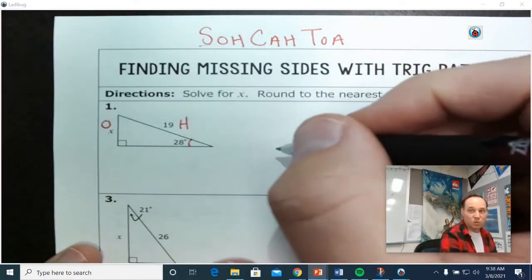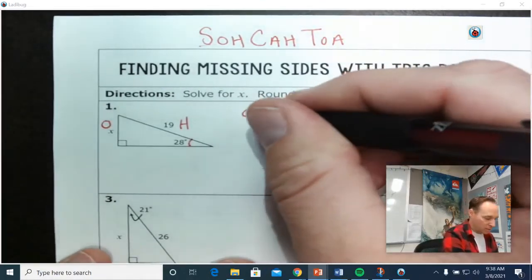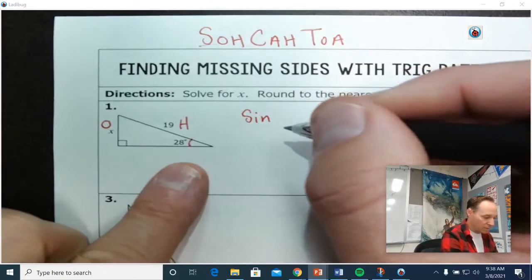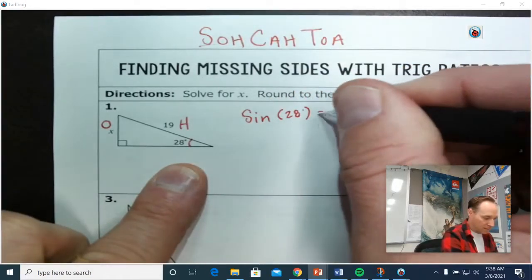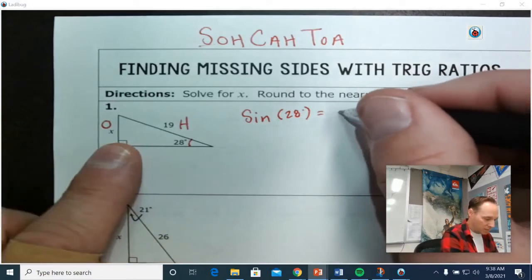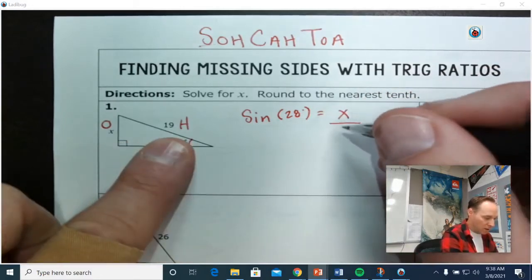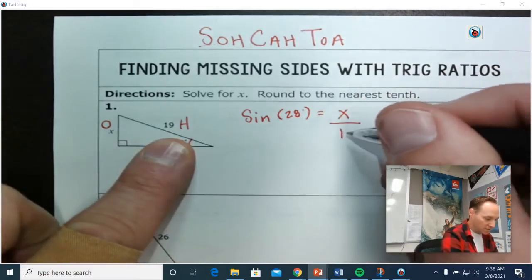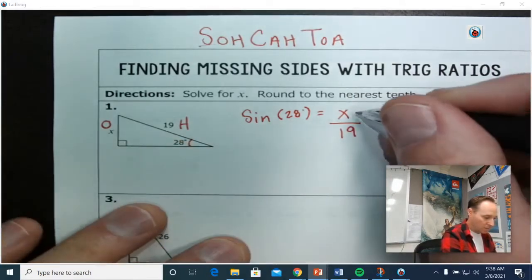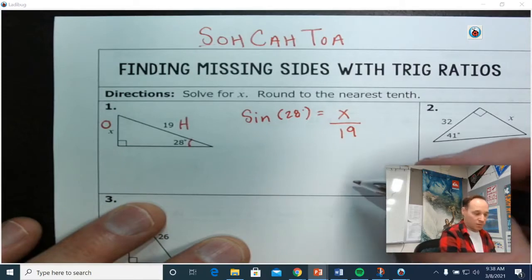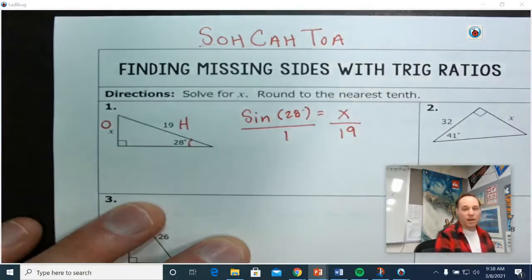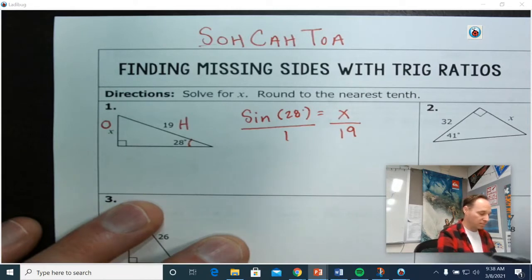So now we're going to write our proportion. We write it as the sine of our reference angle, which is 28 degrees, is equal to opposite, or x, over our hypotenuse, which is 19. Opposite over hypotenuse. Now we have our proportion. Step number 4, solve for the missing side.